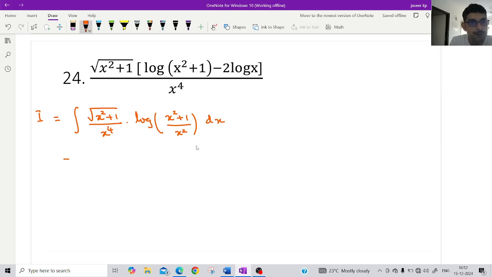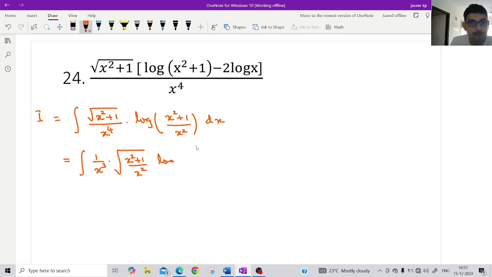So now what we are doing is, here x to the power 4 is written as 1 by x cube into 1 by x, and that 1 by x is taken inside the root. X will go inside the root as x square.